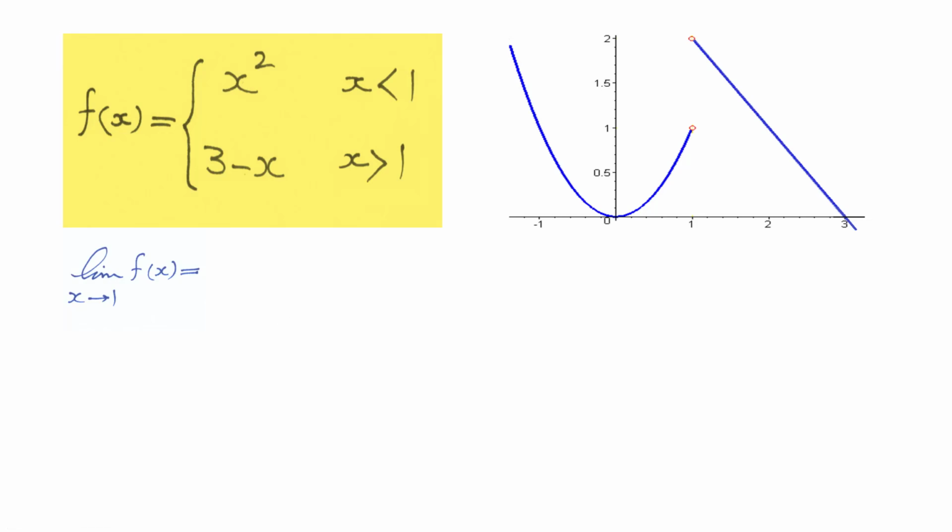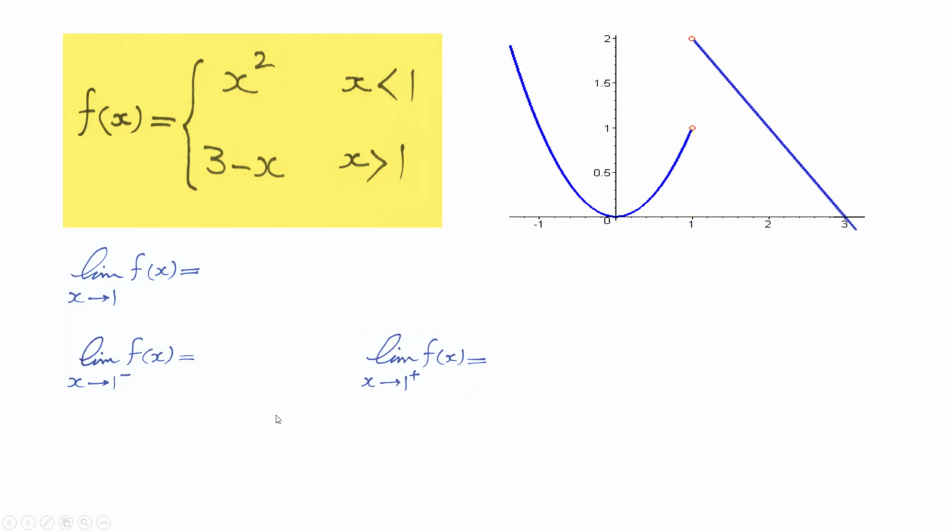So we compute the left limit and right limit separately, and then we find the limit of the function at 1. We show the left limit of a function by this notation and the right limit of a function by this notation.